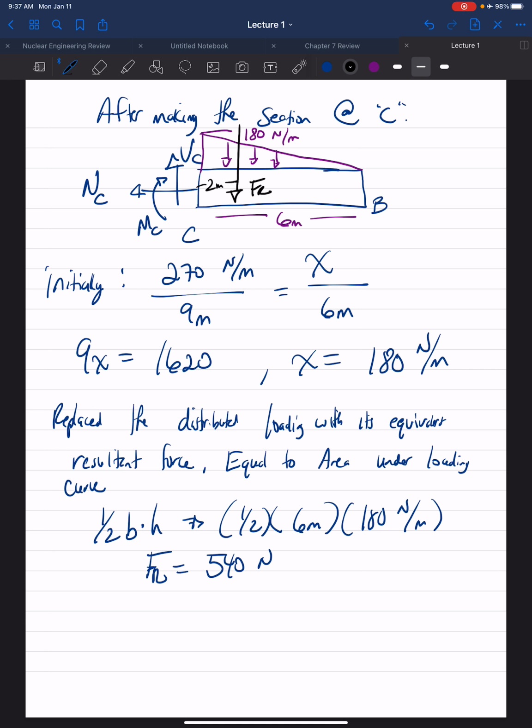Let's take a look at some problems from the book so we can get a clear picture of what is being asked in this chapter. Let's take a look at problem 7-1. This is on page 322 in the text.